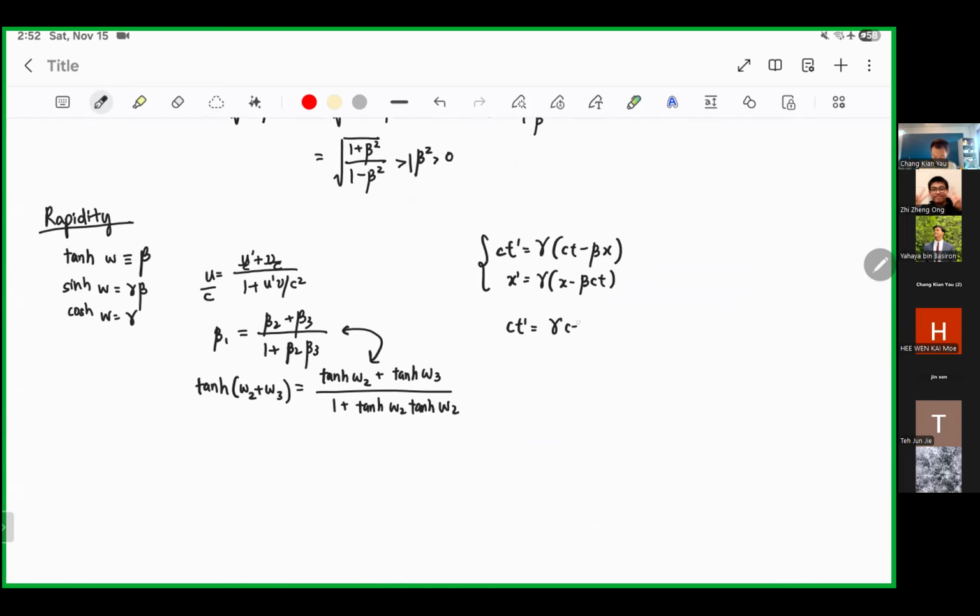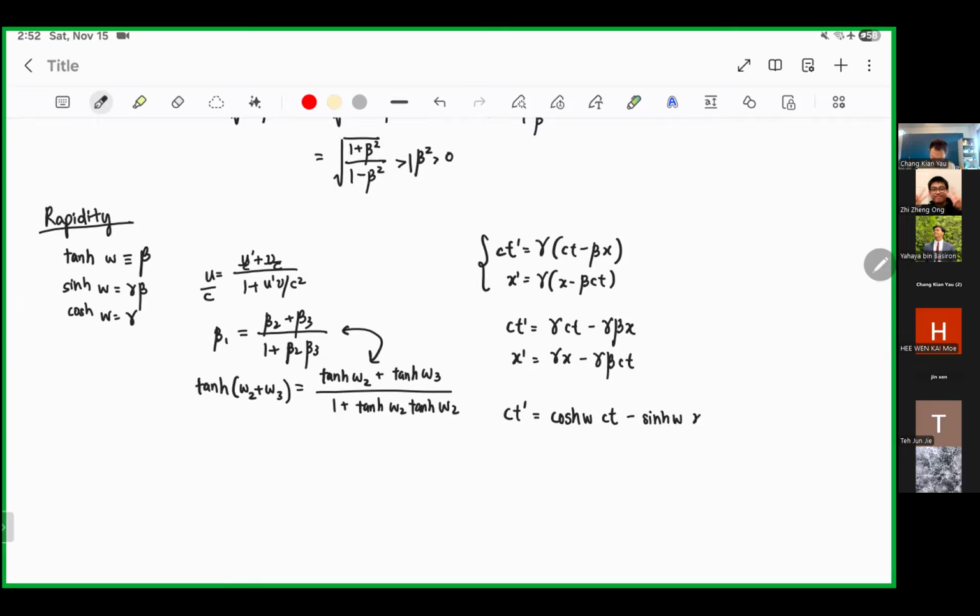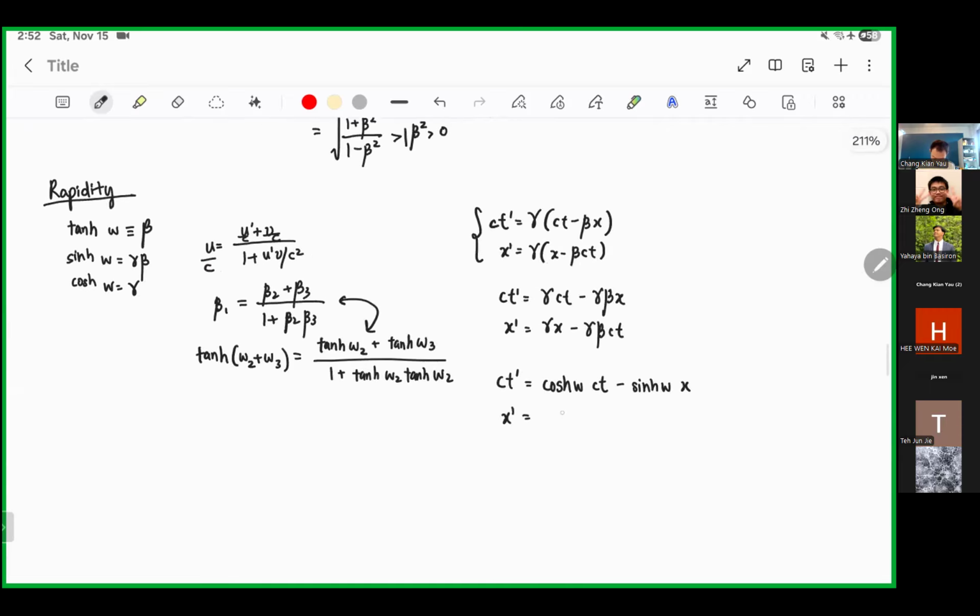This is ct prime equals gamma ct minus gamma beta x, and x prime equals gamma x minus gamma beta ct.